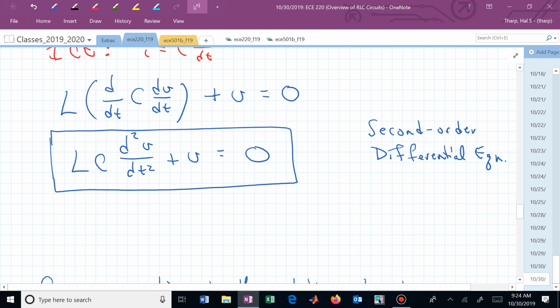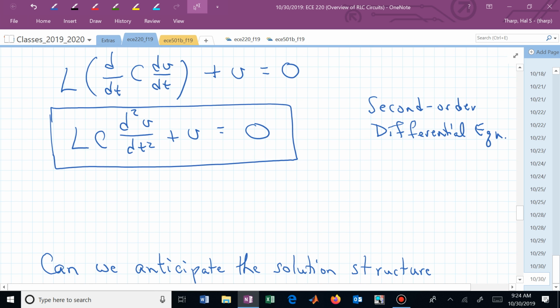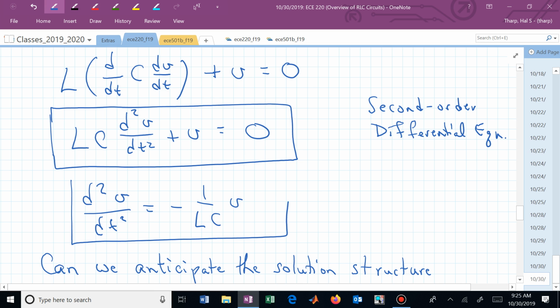Now let's write this as the second derivative of V with respect to time is equal to minus 1 over LC V. So you might see it this way. And those are consistent.